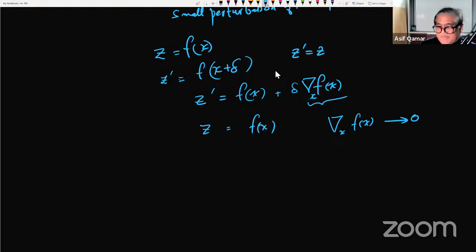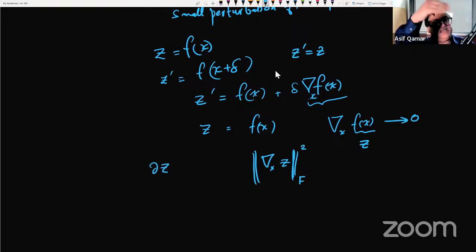And the formal way to say that is the magnitude of the gradient of F of X, which is Z. In some sense it is called the Frobenius norm. Basically, what it means is that every Z component, let's say there are 20 components, Z1 with respect to every component of the input, Xi, Xj, should be small.